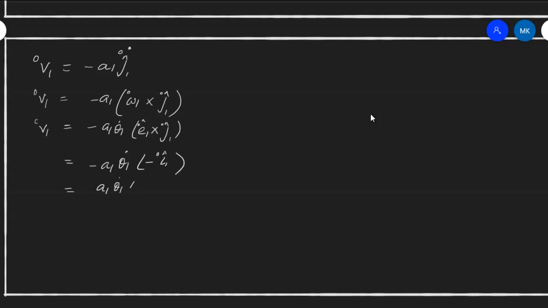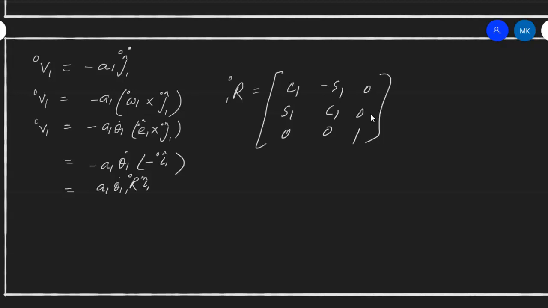This i1 in 0 will be nothing but R1 to 0 times i1 in 1. R1 to 0 is nothing but cos theta 1, minus sine theta 1, sine theta 1, cos theta 1. This is purely rotation about the z axis by angle theta.